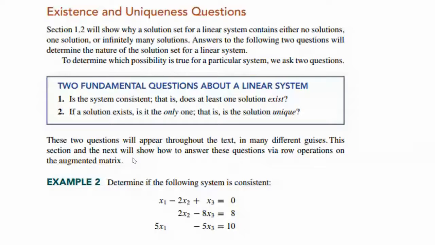And so let's look at this with this augmented matrix. Now this is called example 2. So we had example 1 and we had an unquiz, and now we're having example 2. Okay, so what this says is determine if the following system is consistent. Now this has variables x1, x2, and x3, but you have to determine if it's consistent or not. The way to determine if this is consistent is to put it in row echelon form like we talked about.